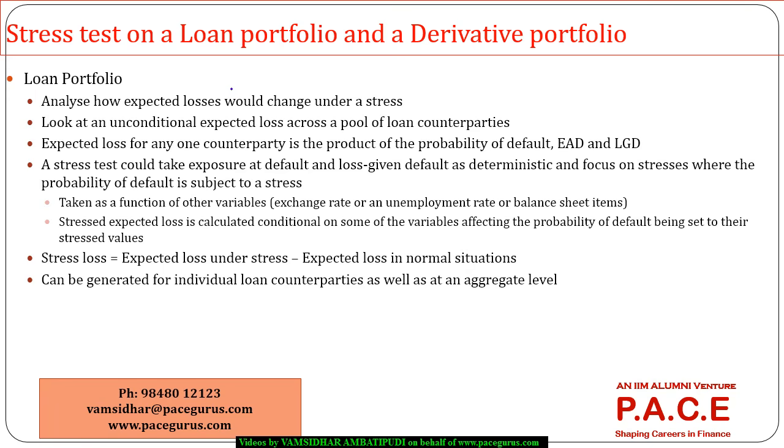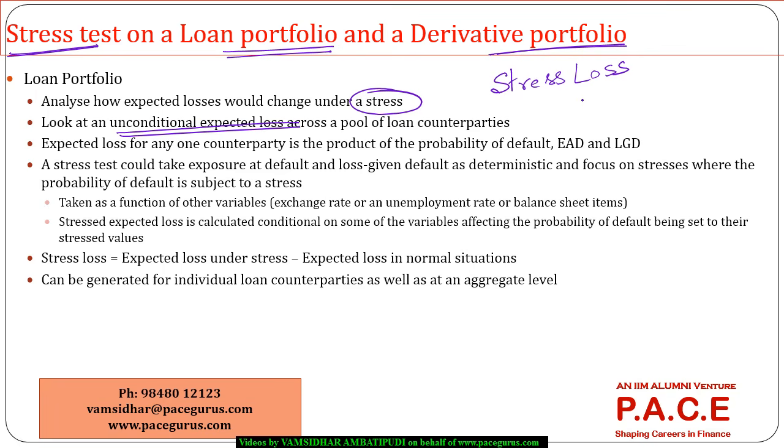Now, the next thing we are talking about is stress testing. We are taking two examples: stress testing on a loan portfolio and on a derivative portfolio. Whatever it is, you first analyze how the expected loss would change under a stress. That is the stress loss computation. So basically the objective is to look at the unconditional expected loss.